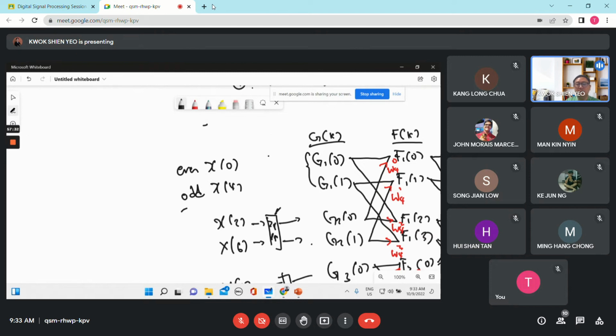Okay, so to calculate G, right? So I will draw this, right? And then this is my W2^0 connected to the odd entry, and for the second point, also connected to the odd entry, this is W2^1. Okay, and this is my X and list.